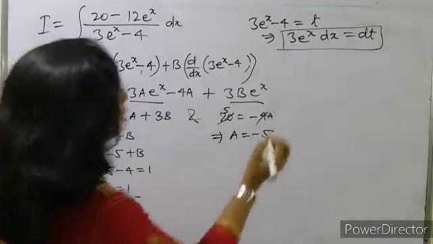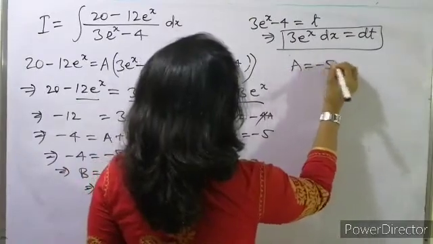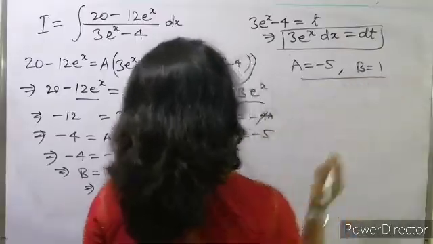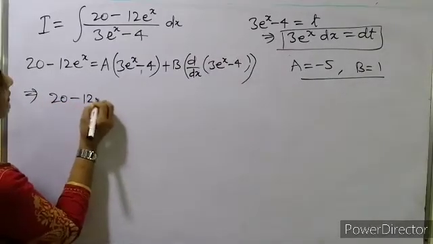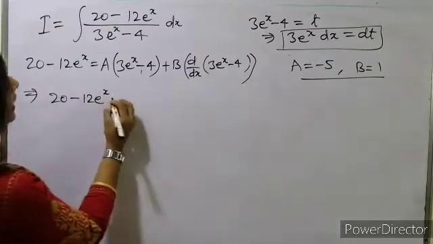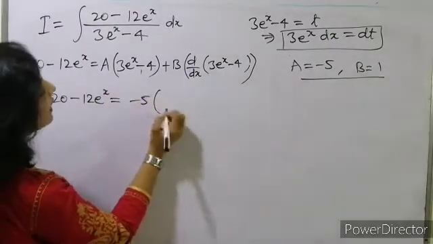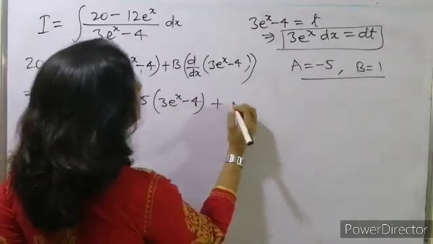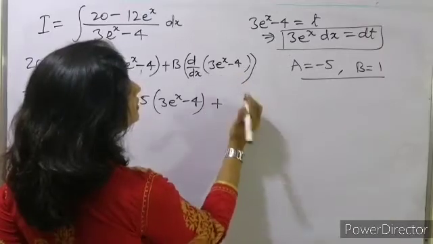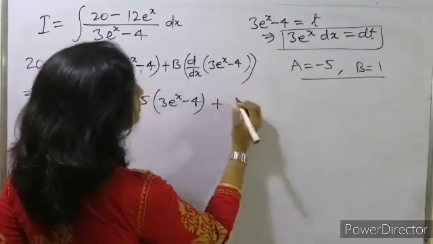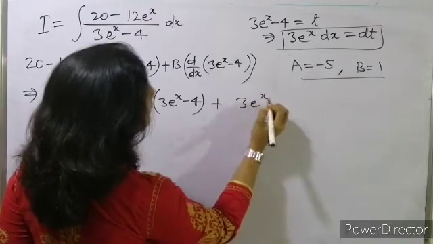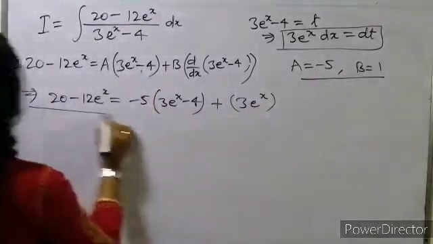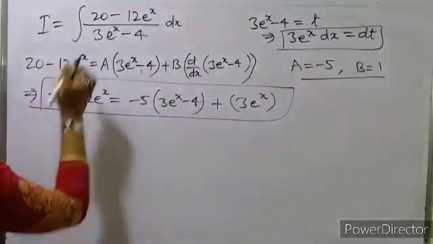The value of a is minus 5 and b is 1. Okay, so 20 minus 12 e to the power x, meaning the numerator, should be equal to minus 5 into (3 e to the power x minus 4) plus 1 into the derivative of this function, so 1 into 3 e to the power x. We can write like this instead of this one.